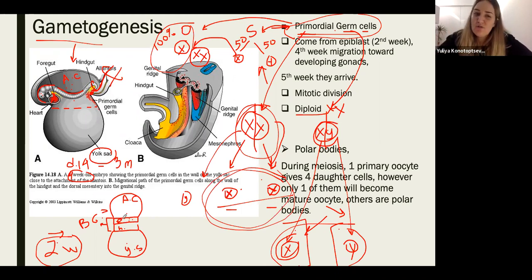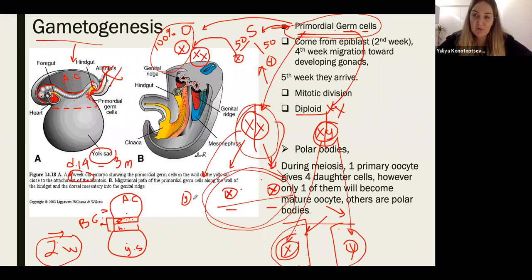Now, this is not the area where PGCs give rise to the things they're meant to give rise to. The area where PGCs will become oocytes or spermatozoa is actually your testes or ovaries. If a PGC has XX, is meant to become oocytes, this place where it happens will be the ovary. The same for spermatozoa, but in the testes.